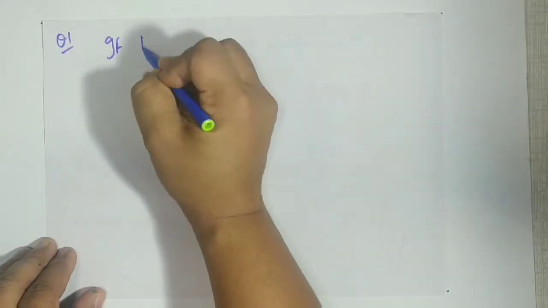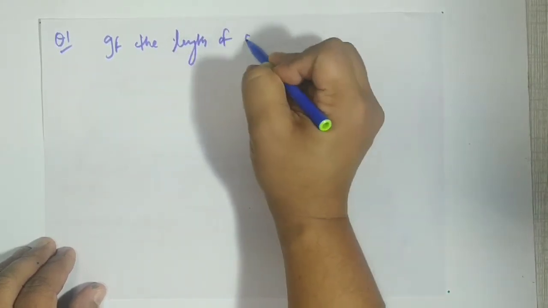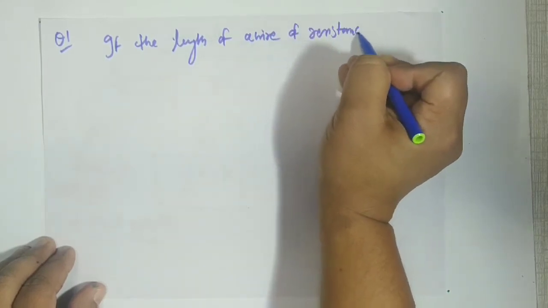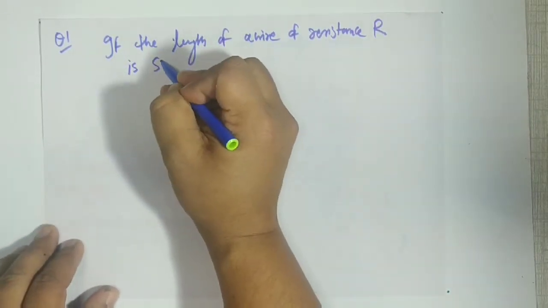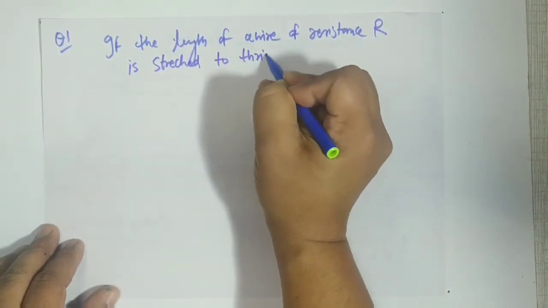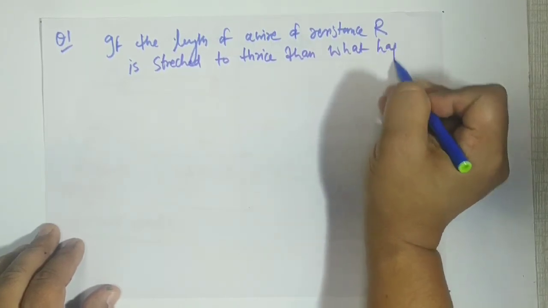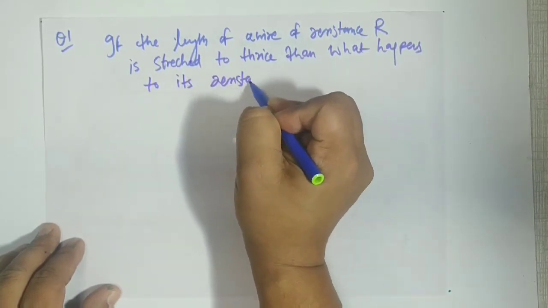And we can do 1-2 numericals based on this. Say the length of a wire of resistance R is stretched to thrice, then what happens to its resistance and resistivity?